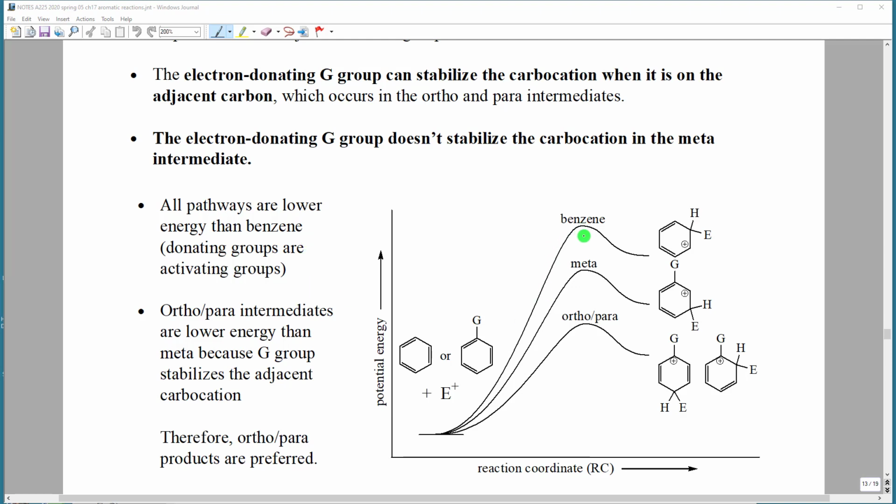However, the meta goes down only a little bit, whereas the ortho-para go down a lot because of the extra resonance structure. That's going to make their transition states much lower, so those two pathways are going to react much faster, and therefore we should get more of the ortho and para products. They would be preferred.